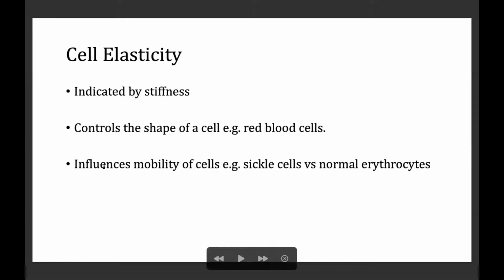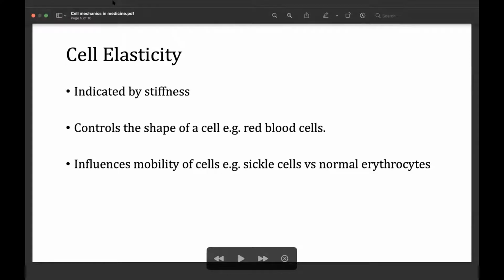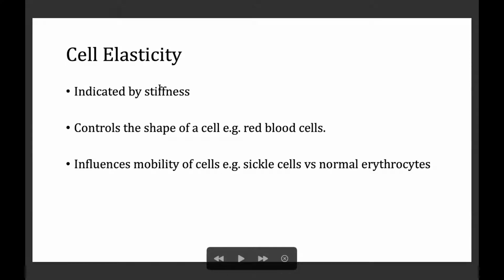We know how blood cells normally flow within the vessels, and this is where physics can come in, applying the elasticity of the cells to examine the health status of the red blood cells. This can be noticed clinically from sickle cell patients and normal patients, that is, patients with normal erythrocytes.